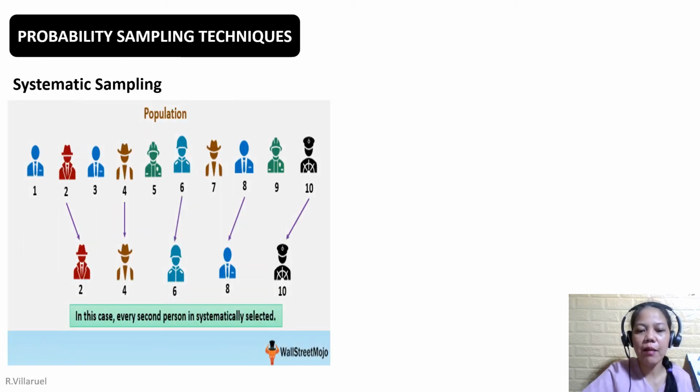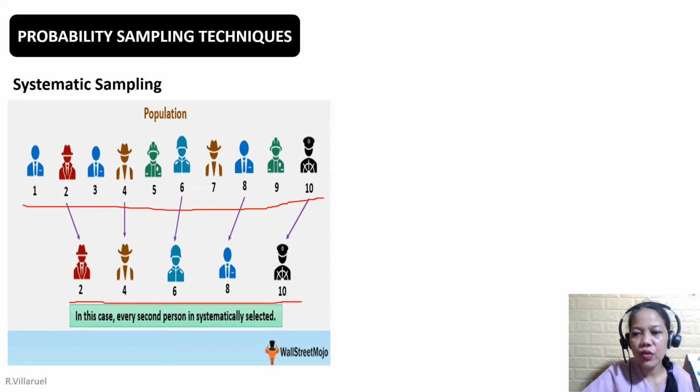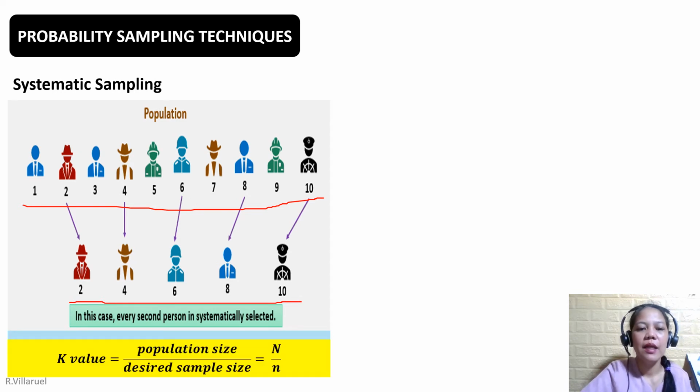So in this example, as you can see, these are the members of your target population, and then from these target populations, the samples are drawn using the formula population size over desired sample size. So, N over n.